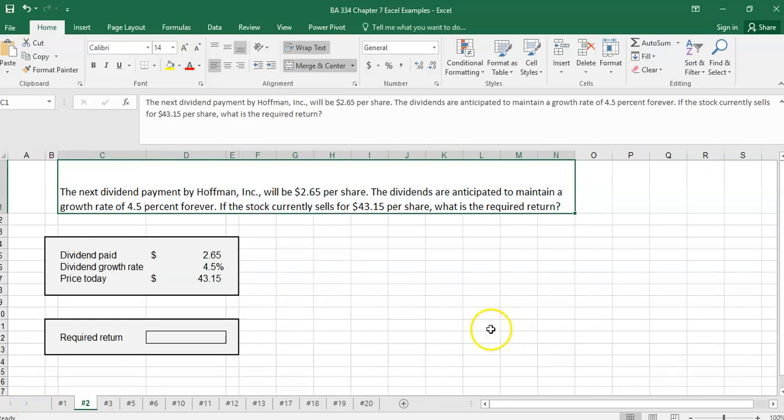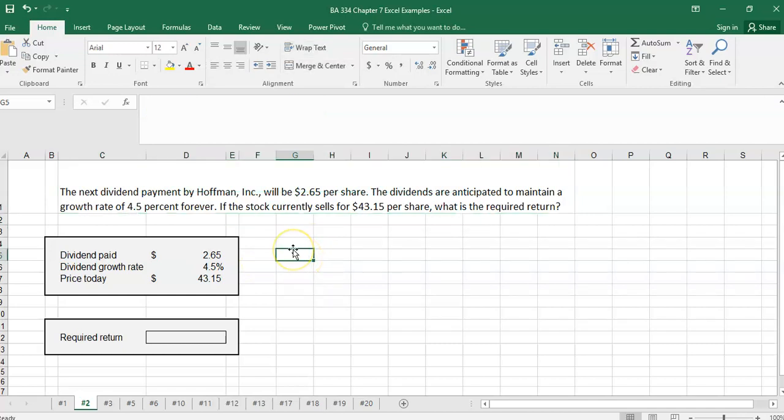In example 2, we're trying to figure out the required rate of return from the information that we have about the dividend paid, the dividend growth rate, and the price today. So we can still use our dividend growth model, we just need to rearrange the model. So our required rate of return, or R, equals the dividend paid divided by the price plus the growth.